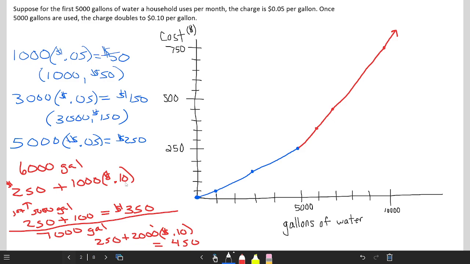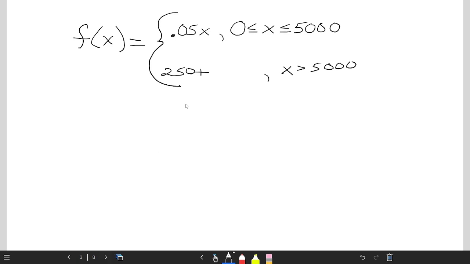So it was 0.1 times something, but it wasn't times the x value, right? We weren't charged 10 cents per gallon for all 6,000 gallons, just the additional 1,000 that we went beyond the 5,000. Same thing here, 10 cents per gallon for the additional 2,000. So if you take the number of gallons you're using minus 5,000, that tells you how many gallons are getting charged at that 10 cents per gallon rate.